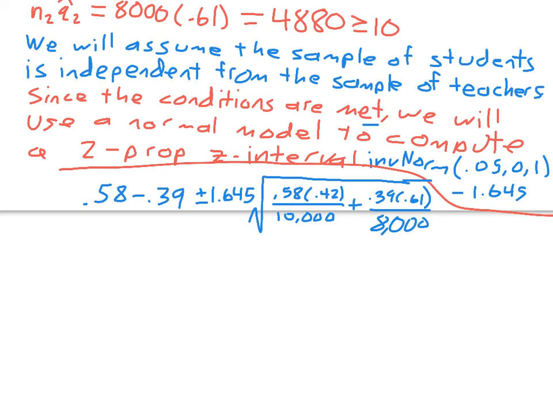N1 was 10,000. X2 was 0.39 times 8,000, which equals 3,120. And N2 was 8,000. Our C level we want to be 0.9 and calculate. So we get that the interval is 0.1779 to 0.2021.